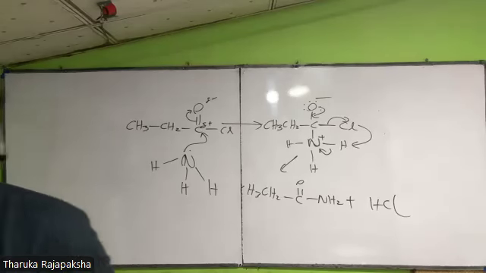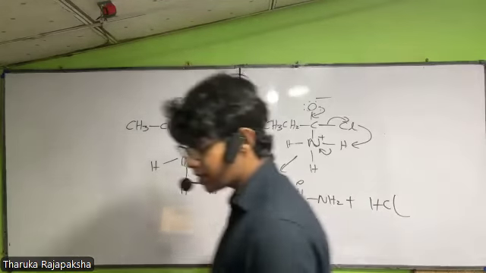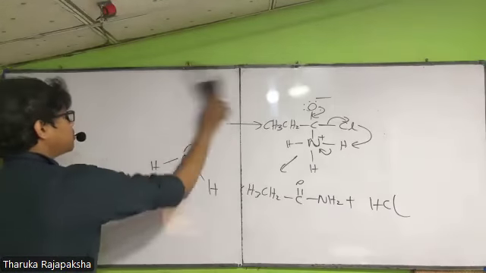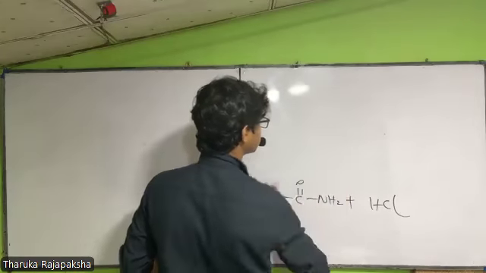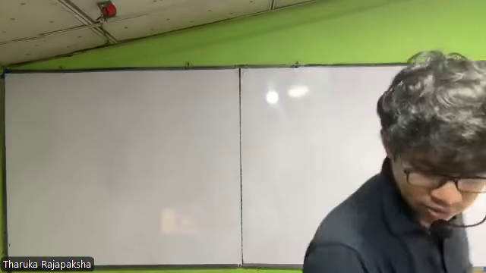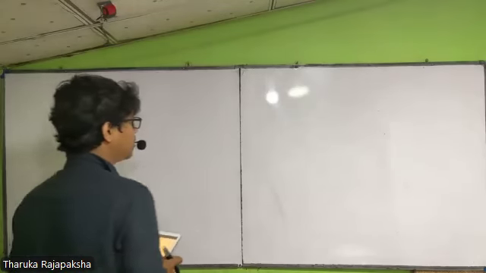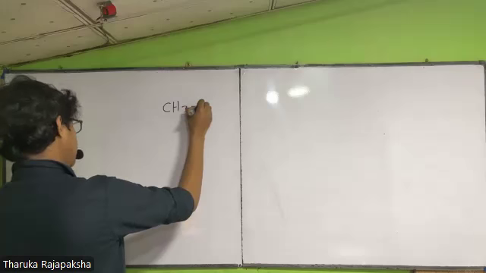Right. Thank you. Now we have our next one, the A plus mechanism, Grignard reacting with carbon dioxide. That's the 18th one, people. Initially, I'll take CH3 MgCl.